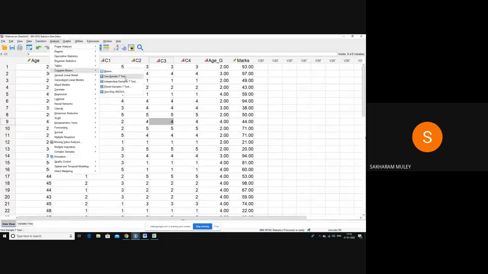One sample t-test is used for testing one variable. Let us assume there are marks of 25 students and I want to test the marks.